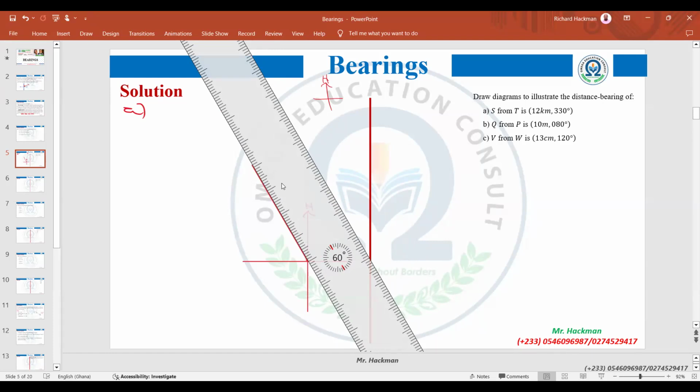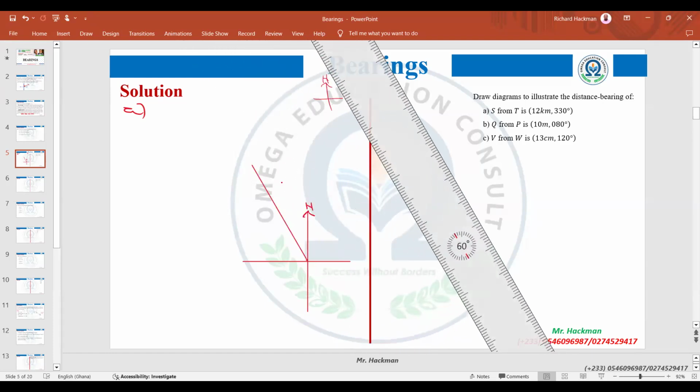So you end here. When you end here, you indicate your initial point, your reference point, and we said S from T. So your reference point would be T. And where you want to get to, your point of interest in terms of your destination, would be S. Now you know you added this angle 60.